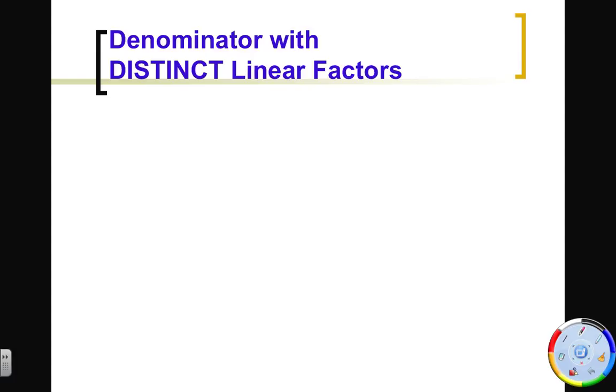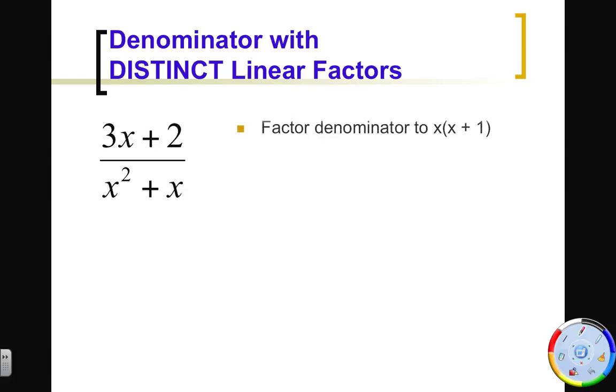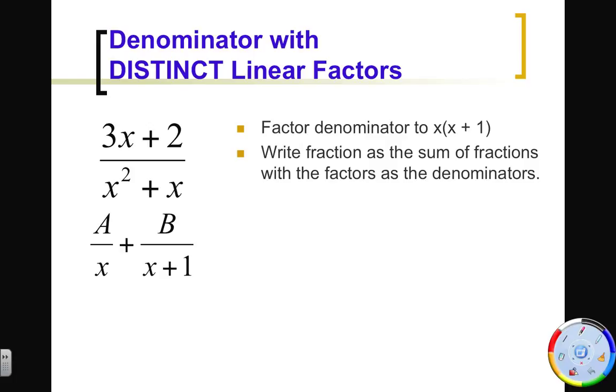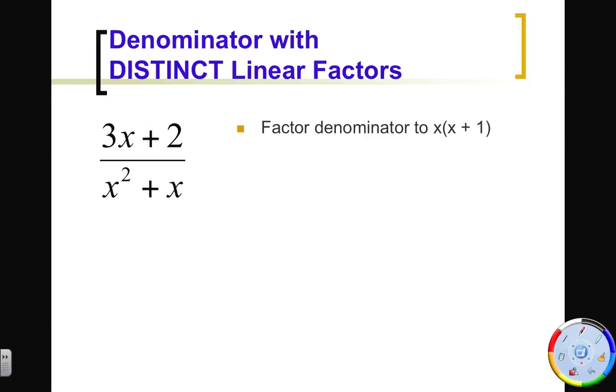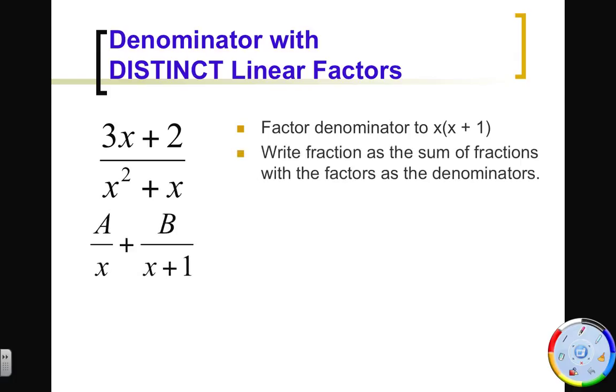So there are a lot of different types of problems here. The first one, we're going to look at distinct linear factors, something like this. What we want to do first, as mentioned, is factor the denominator. The denominator is x times x plus 1. Then this is where it comes into the actual decomposition piece.